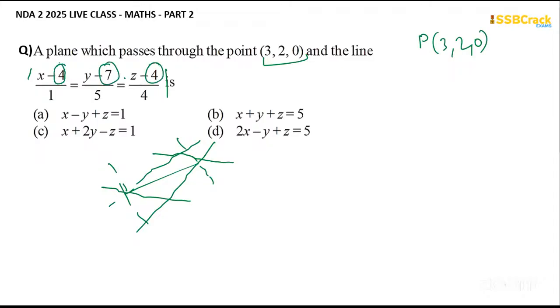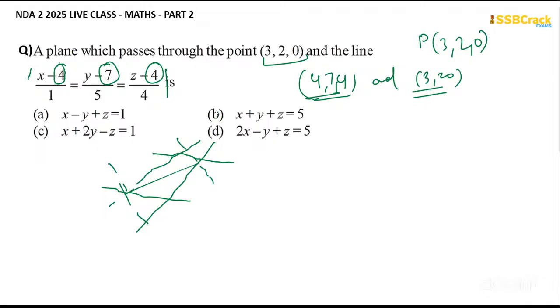So both the points (4, 7, 4) and (3, 2, 0) are lying on the same plane. So there will be an equation that will satisfy both the points. So which is that one?